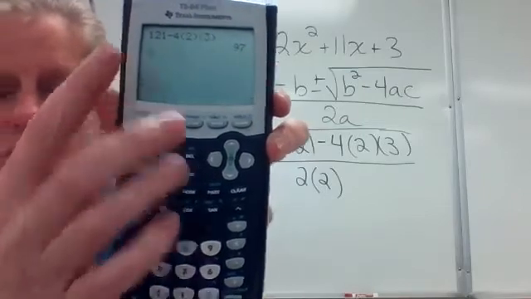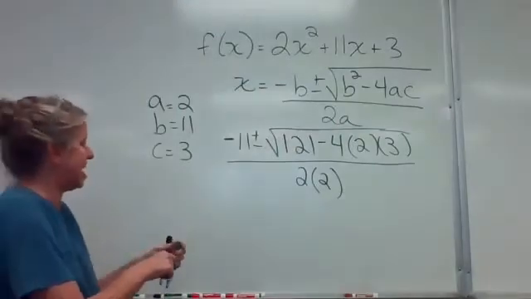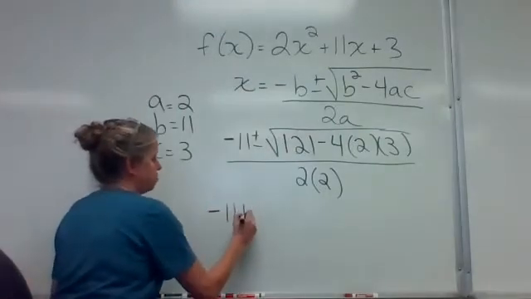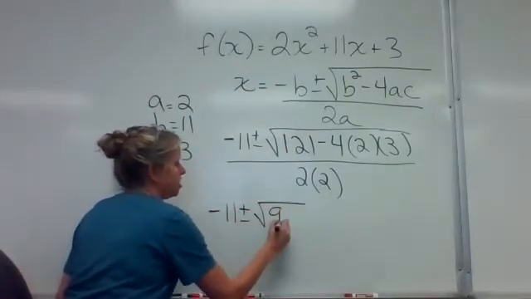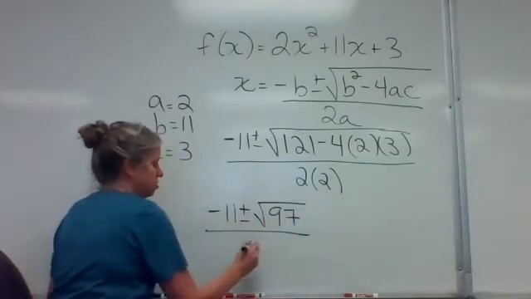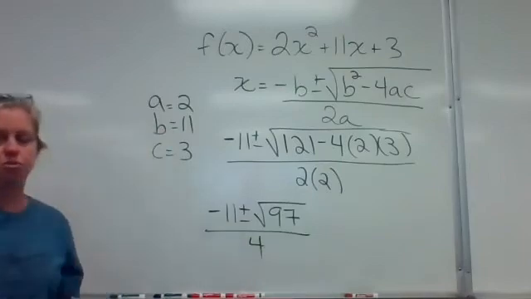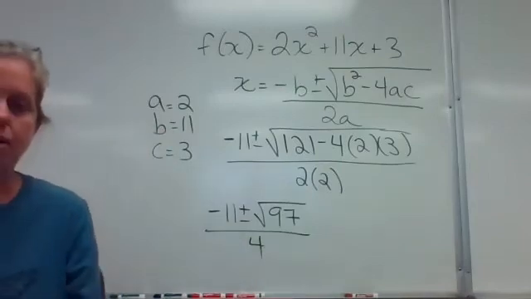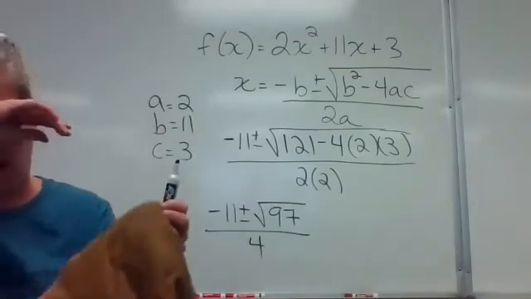So that equals what's underneath the square root is 97. So negative 11 plus or minus the square root of 97 over your denominator, which is 2 times 2, gives you 4. So that one's not that bad if you don't have quad.